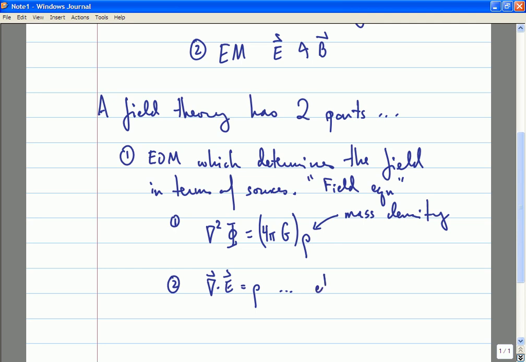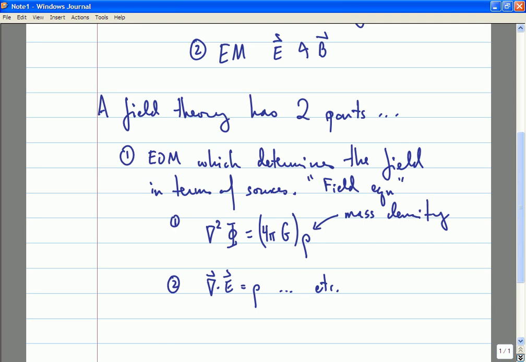They're first-order equations for the fields E and B, but if you write things in terms of the scalar potential V and the vector potential A, they're second-order differential equations. And in general, all of the field equations of physics turn out to be second-order differential equations.